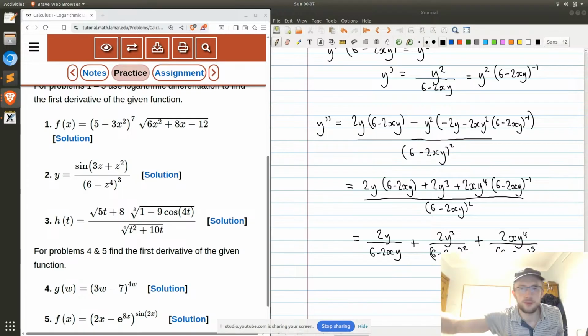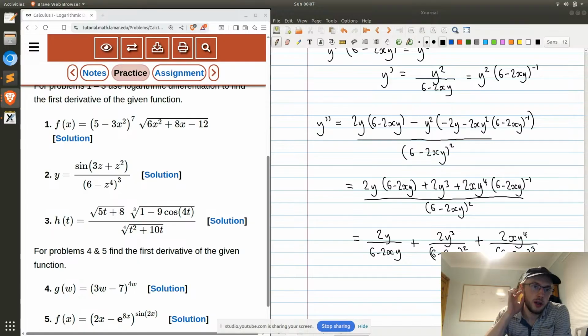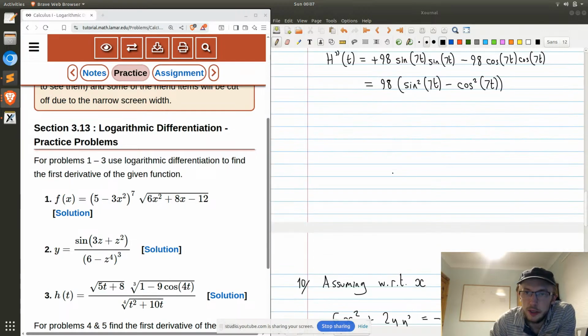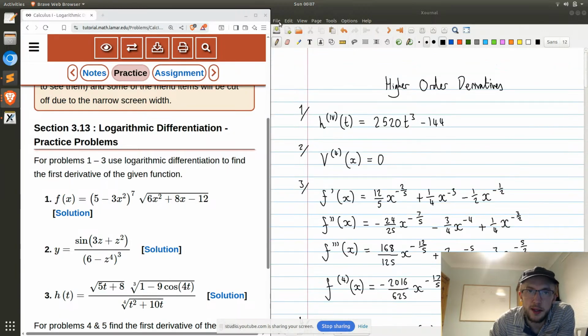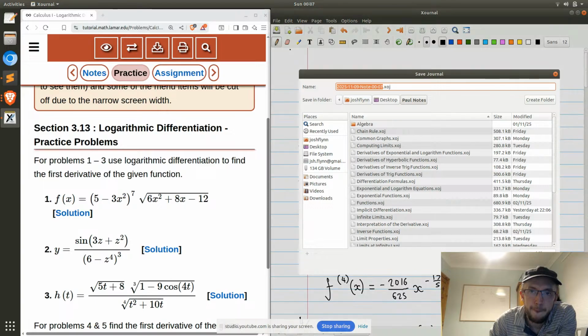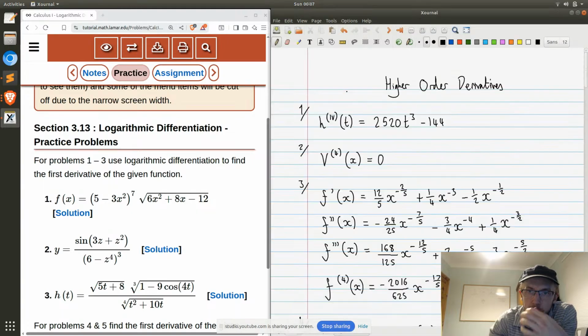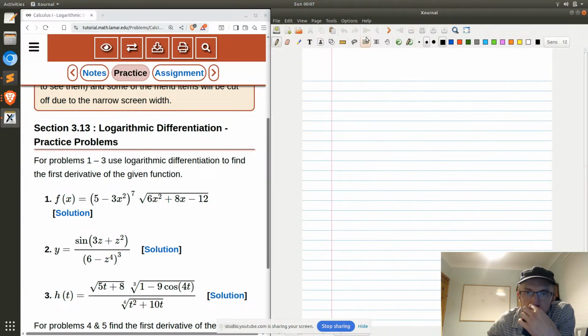Okay. So, what is logarithmic differentiation? First, I will save this. Next, start something new.